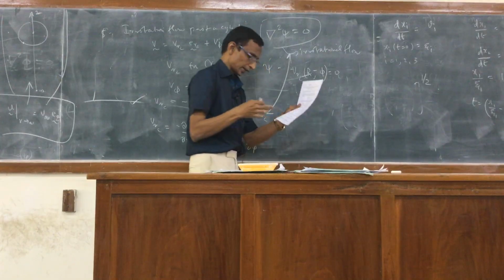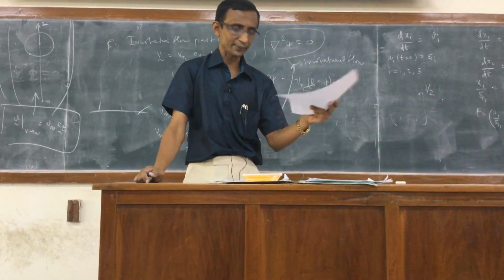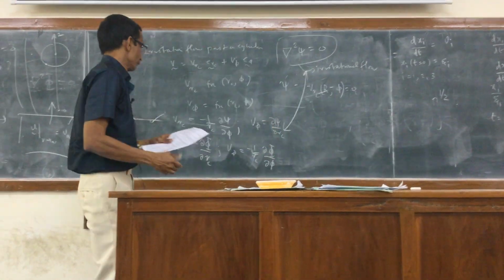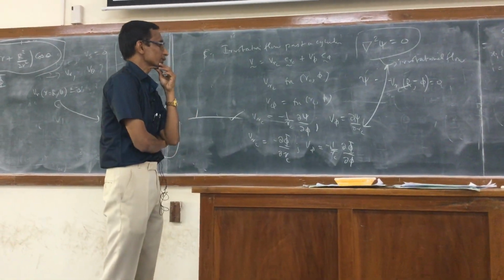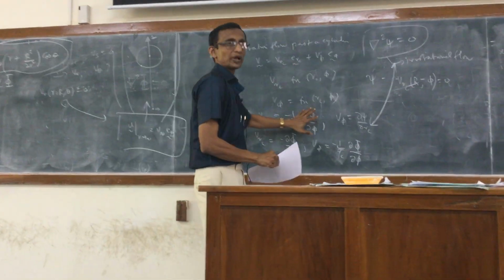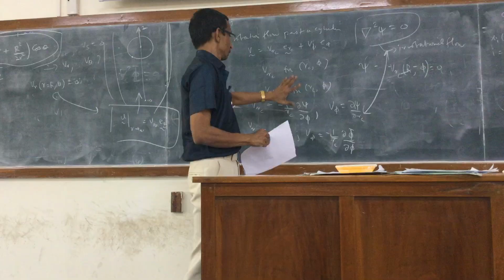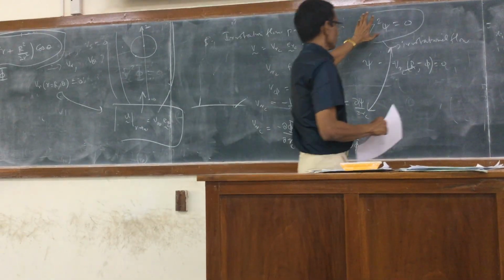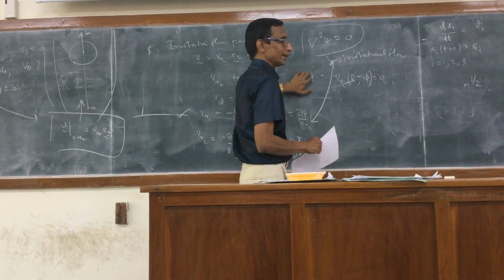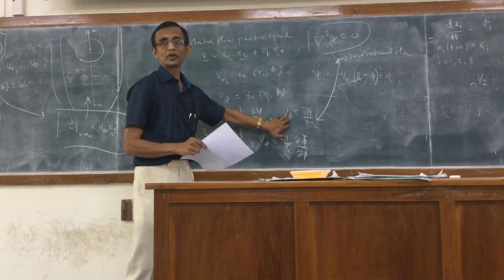And clearly you should get an expression for psi. The answer is not given, but a good test is whether it gives the same velocity. Perfect. So the point here is that you have to start with this equation, apply the boundary condition, get psi, and then obtain the velocity profiles.